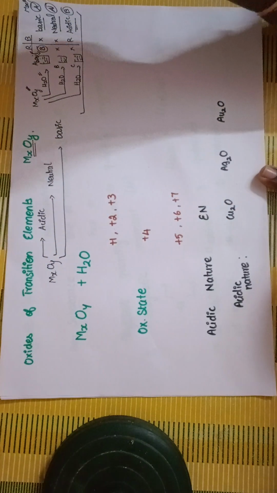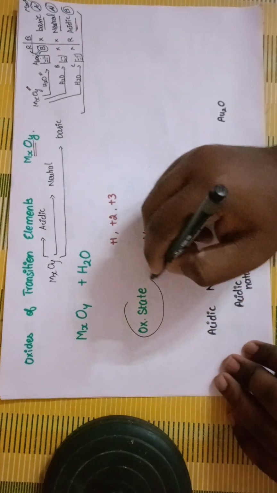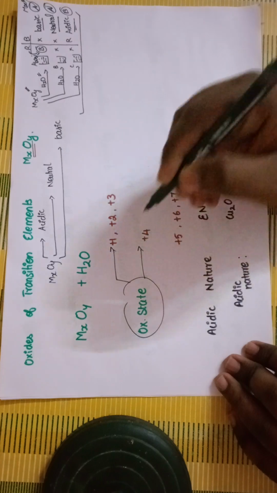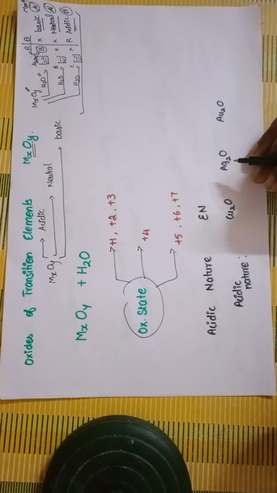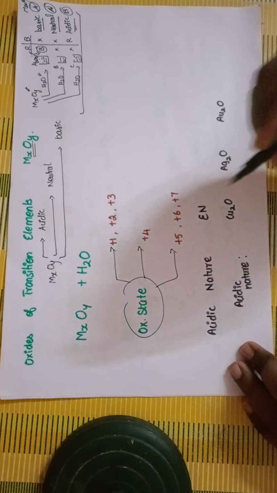With only the formula, how can we say whether it is acidic or basic or neutral? For this also, oxidation state plays an important role. The oxidation states are +1, +2, +3, +4, +5, +6, +7.